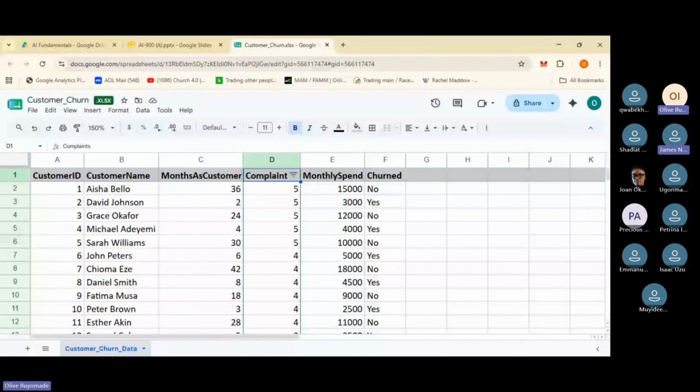So we've looked at this data and we can see the reasons why AI would make the decisions that it will make, from this pattern. So we've seen the pattern, short time, high number of complaints, then usually the churn will be yes.